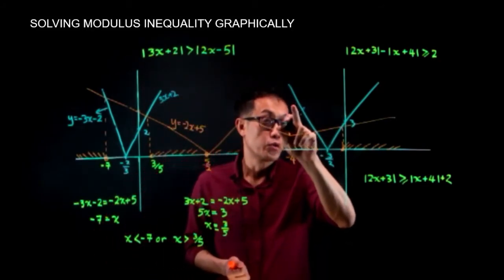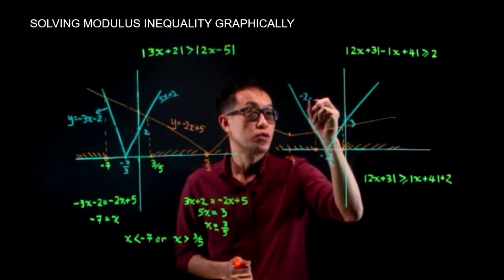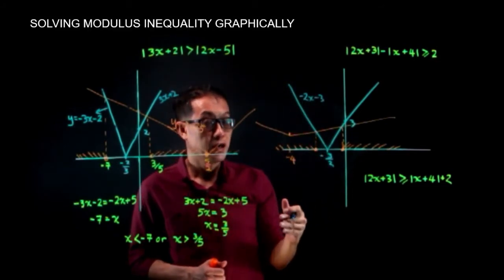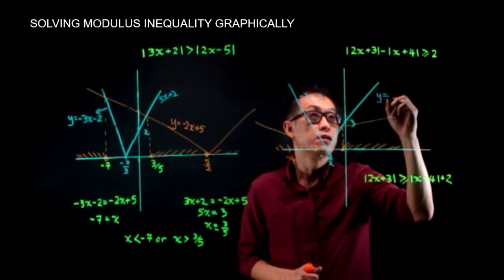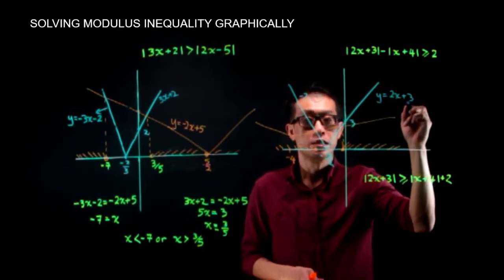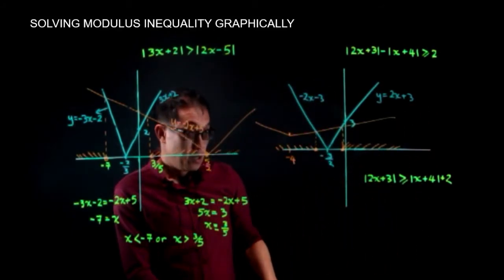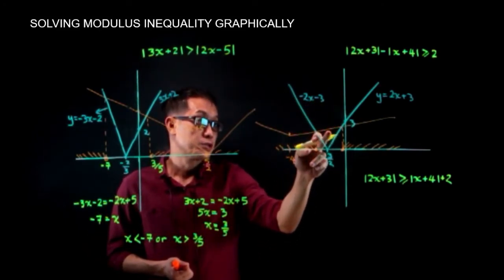Now what is the equation of this graph? This is minus 2x minus 3 because it has a negative gradient, whereas this one has a positive gradient. So this graph will be y equals 2x plus 3. Now, to find this point, you equate this graph to this graph.